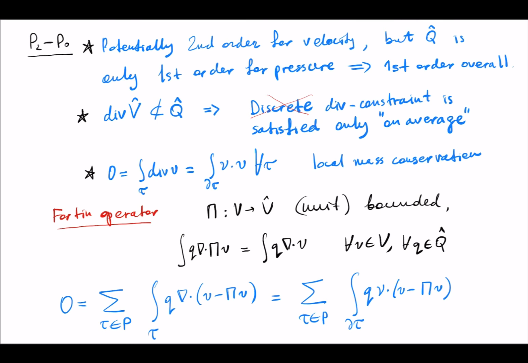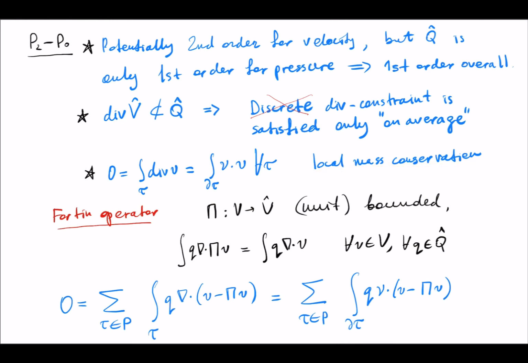And we can do integration by parts to imply that this boundary integral, where this is velocity, and here we have the unit normal on the boundary. So you can see that this is the total flux over the boundary of the triangle, which should be 0. This is called local mass conservation.